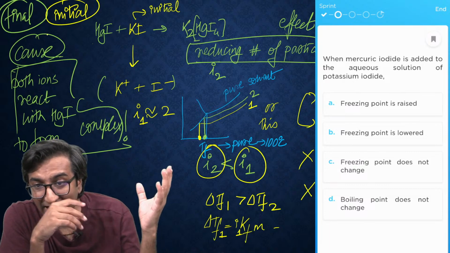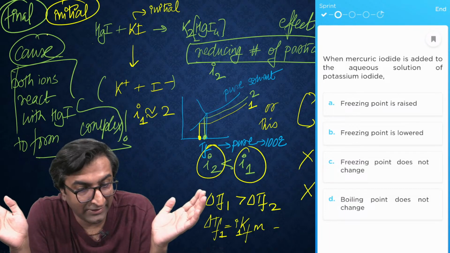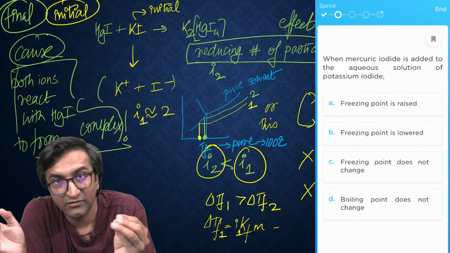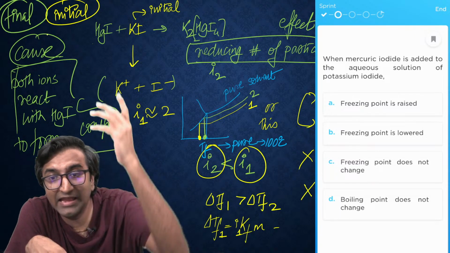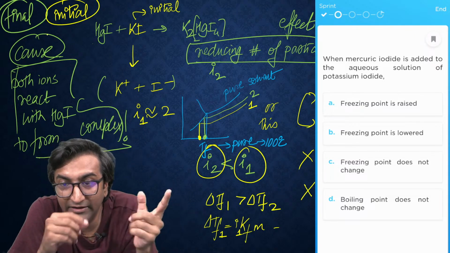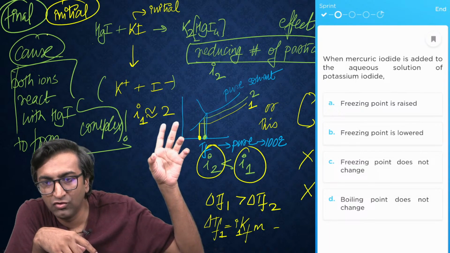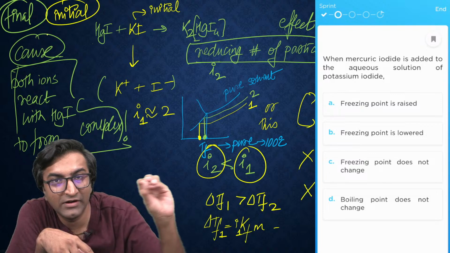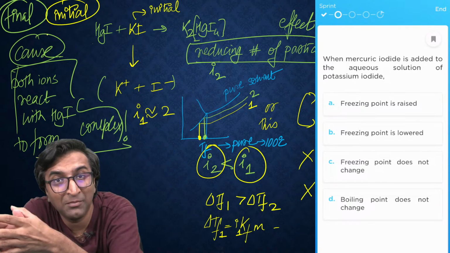If both the ions are reacting, that means the number of particles has decreased. K plus and I minus are joining to form one entity. Earlier i1 was 2. i2 is lower than 2. You understand? Association is happening.